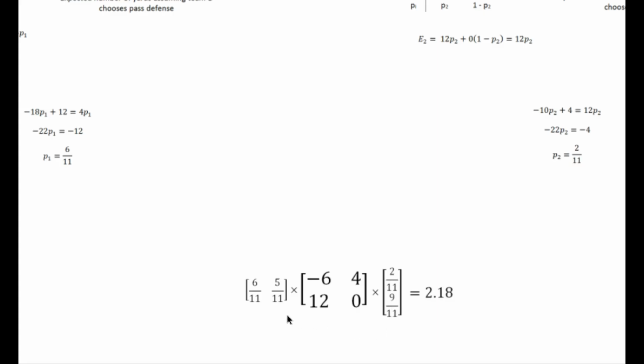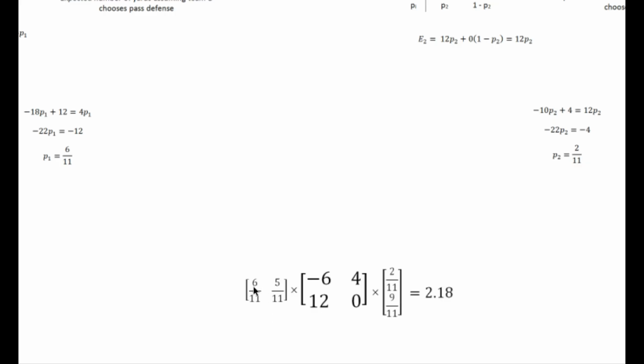We're going to multiply the optimal strategy for Team A, which is this matrix right here, times the payoff matrix, times the optimal strategy for Team B. When we multiply those 3 together, we get the value of the game, 2.18. When we multiply those together, we're really just computing another expected value.